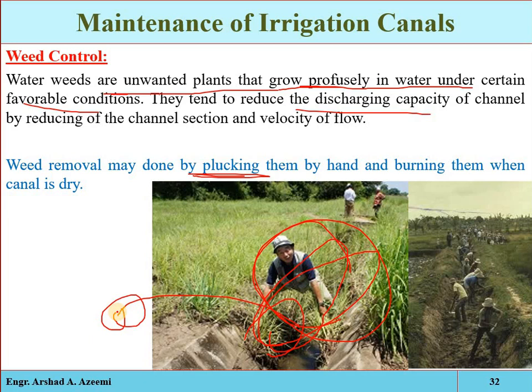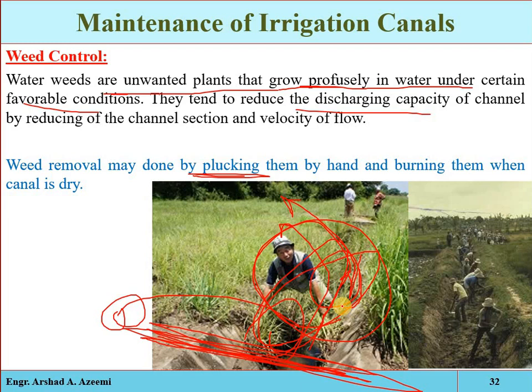it will be burned. Or we can also control it by this method: when you apply the irrigation, completely cut off the flow from the canal. So the weed available in the canal will be exposed to the sunlight, and no water will be available, so automatically it will become dry and will be unable to regain its strength.